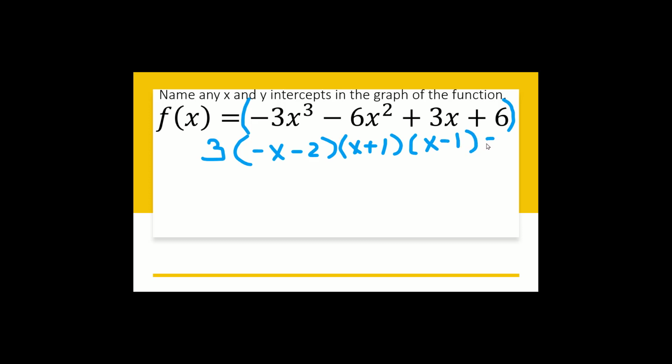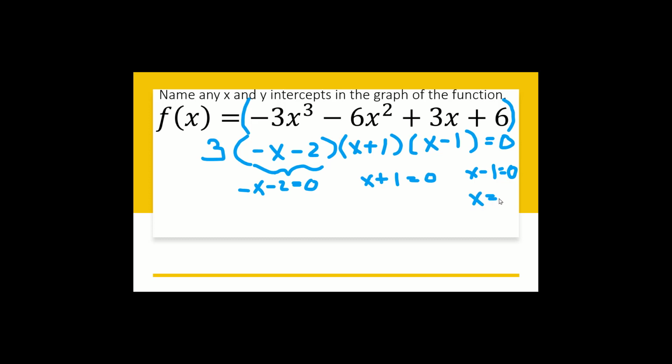And you set that equal to 0. Now your x-intercepts are going to be where each of these factors is equal to 0, because that will make a true statement. So negative x minus 2 equals 0. We need to solve that. x plus 1 equals 0. We need to solve that. And x minus 1 equals 0. Okay, so I'll just work backward in reverse.